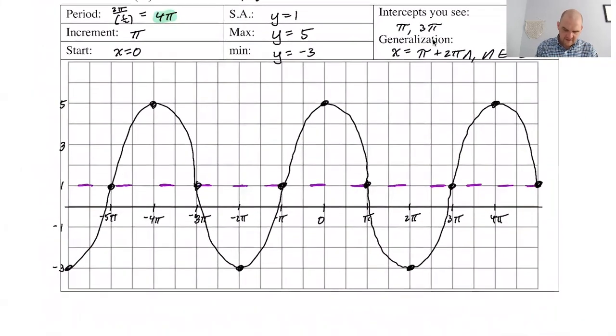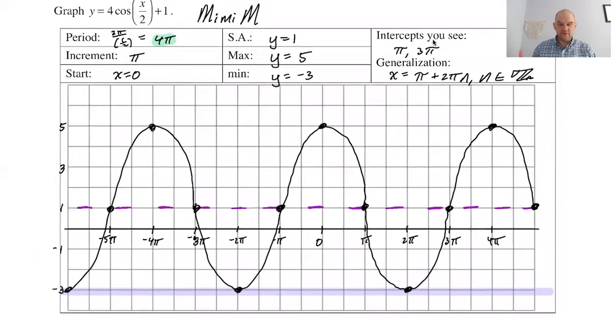All right, and then we're basically done, but I do want to point out you could pretty easily solve the equation f of x, or 4 cosine of x over 2 plus 1 equals -3. That's going to happen at 2 pi, and then I would say plus the period times n.